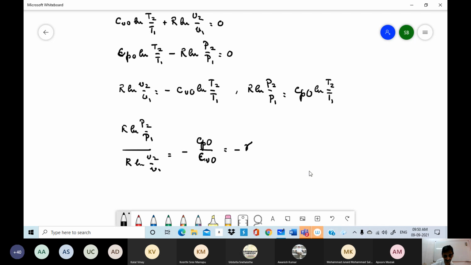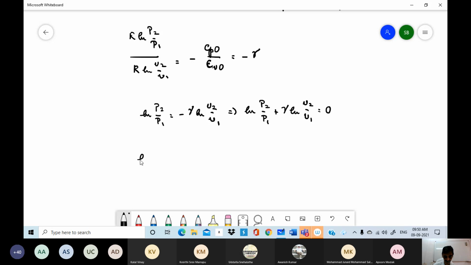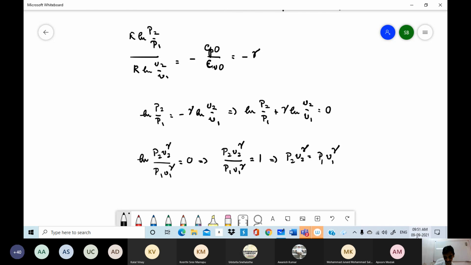So then, it gives us the relation which an adiabatic, a reversible adiabatic process must satisfy.